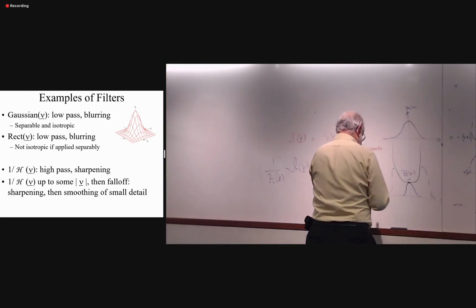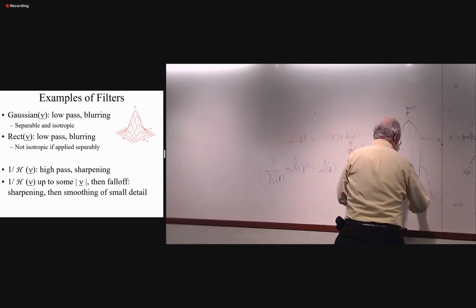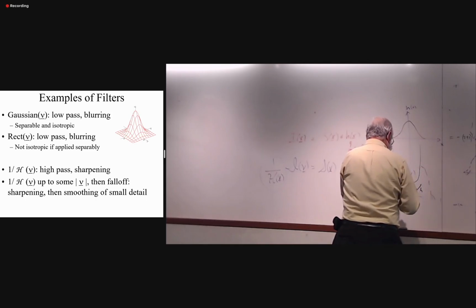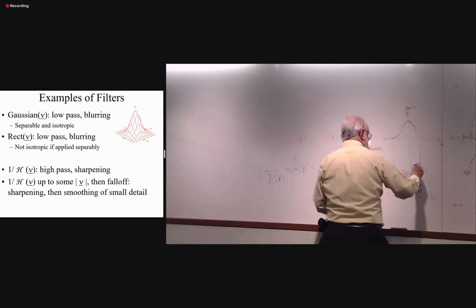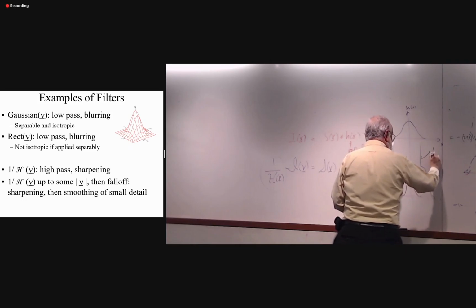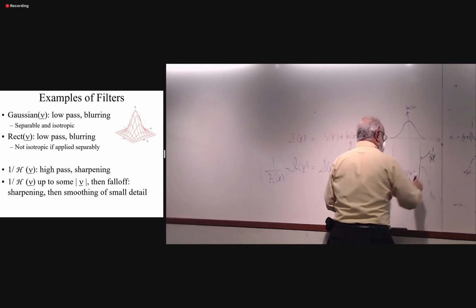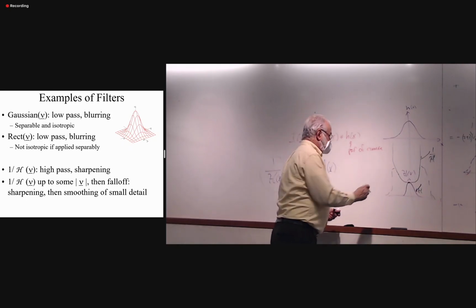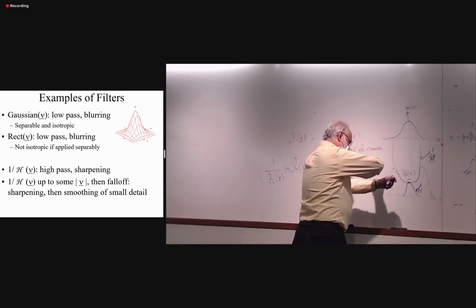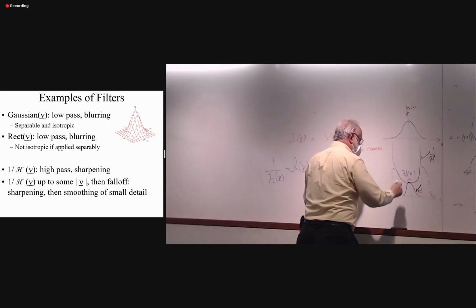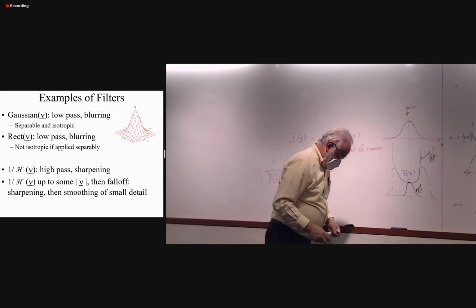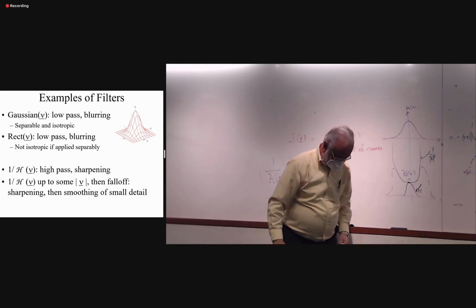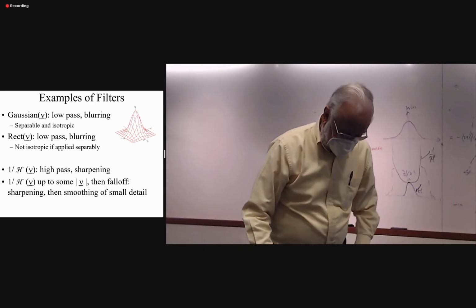So this picture just reminds you, this was H, and this was 1 over H. And we want to take our 1 over H and, when we, in 2D, rotate this around the axis, we get what I have come to call, and some others too, a volcano filter.